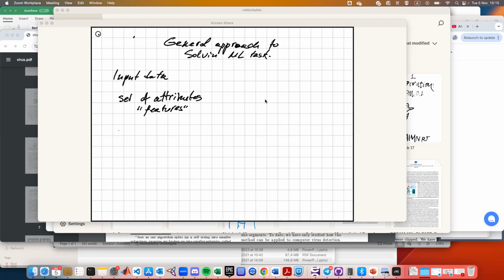And the set of attributes is represented as a vector, normally denoted by bold letters, where you have specific values for different attributes as the components. And this construct is called a feature vector, obviously.